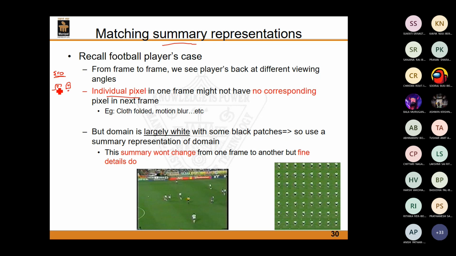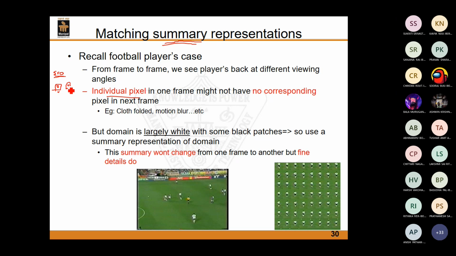Once I have that region of interest or the bounding box, I can create a summary. Those summary representations can be any kind of representation. I'm creating a summary to represent the whole patch over here.